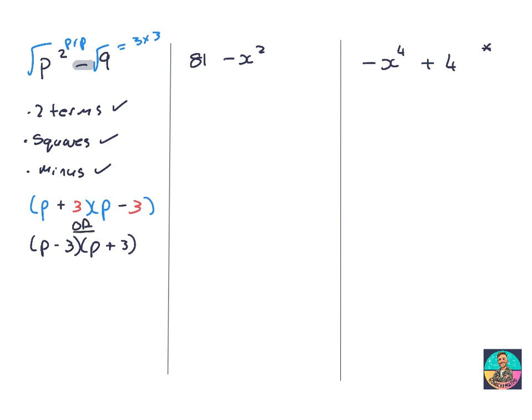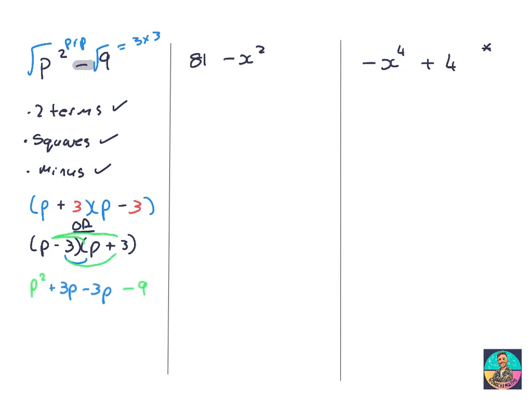Now, why does this work? If we take a minute to think about FOIL, we multiply the p and the p, I get p squared, but this is where it gets important. I actually get p times 3, which gives me plus 3p, and this gives me minus 3p, and let's finish it off with those two, which gives me the minus 9.